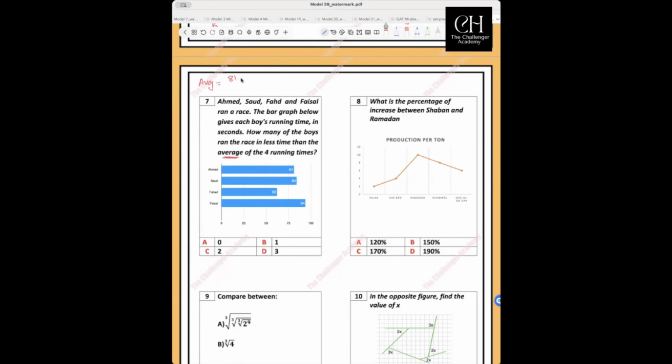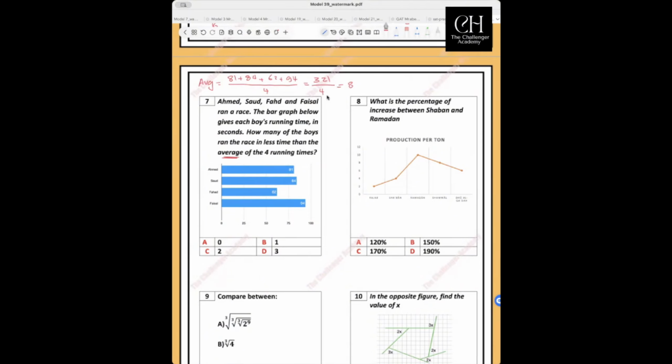you'll just add 81 plus 84 plus 62 plus 94 over their number, which is 4. By adding, it will be 321 over 4. Then divide, 32 divided by 4, it will be 8. 1 over 4, which equals, I think, 0.5.